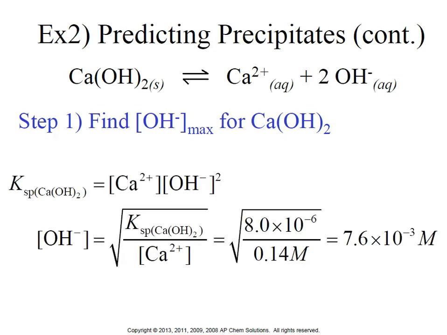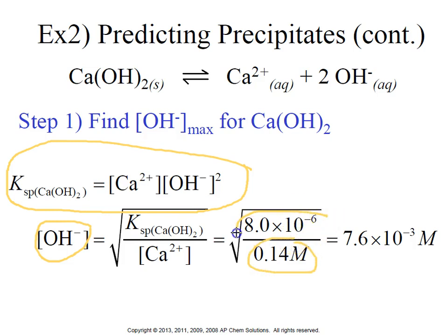Okay, so we're going to look at our KSP values for both of these. So here's our expression for the calcium hydroxide, and we're trying to solve for the hydroxide. So we rearrange the equation, dividing by the calcium on both sides and then taking the square root to find the hydroxide. We were given the calcium nitrate concentration, and we were given the KSP.